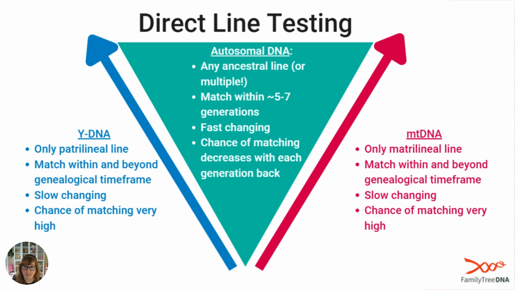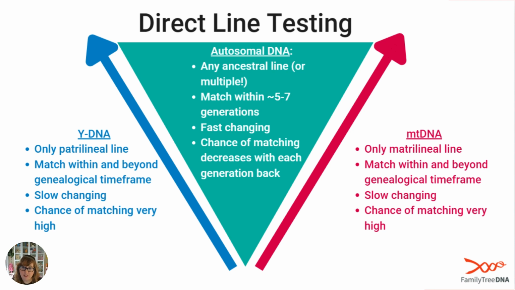Y-DNA goes from father to son, and mtDNA goes from mother to child. Not only are these only coming from one ancestral line each, they get passed down with no or very few changes over generations. So there's no random recombination. So your Y-DNA and your fifth great-grandfather's Y-DNA may be exactly the same, or your mtDNA and your eighth great-grandmother's mtDNA may be exactly the same, or there might be a couple of differences.